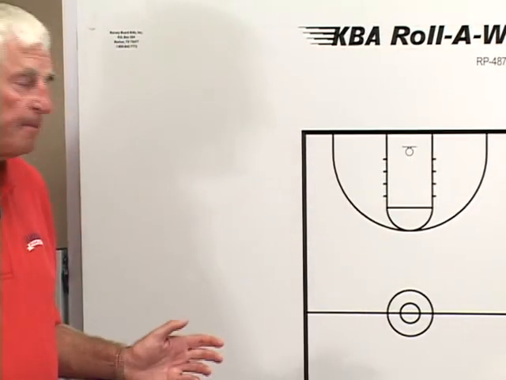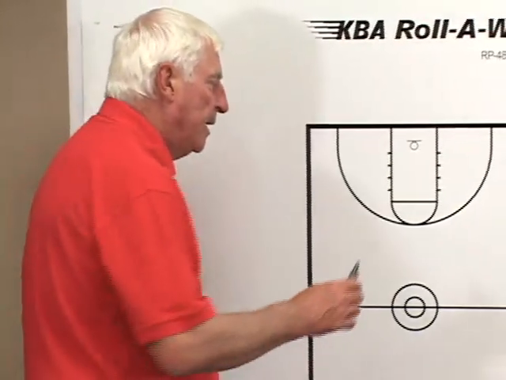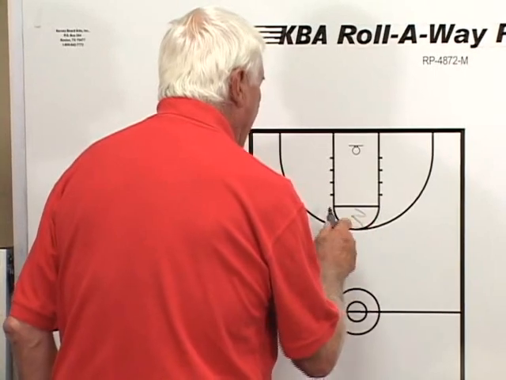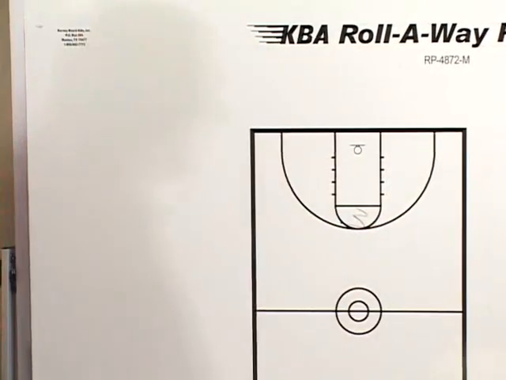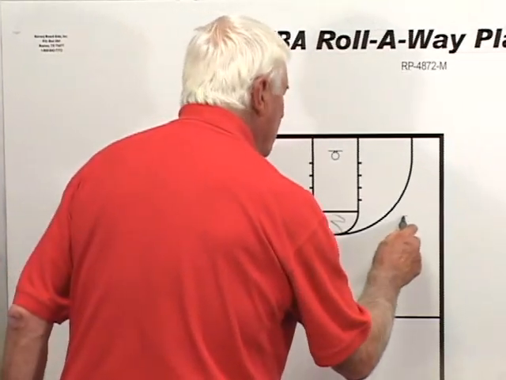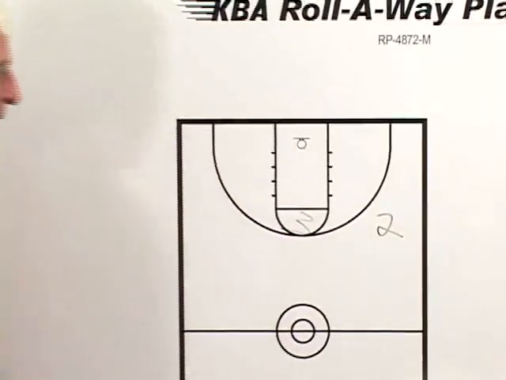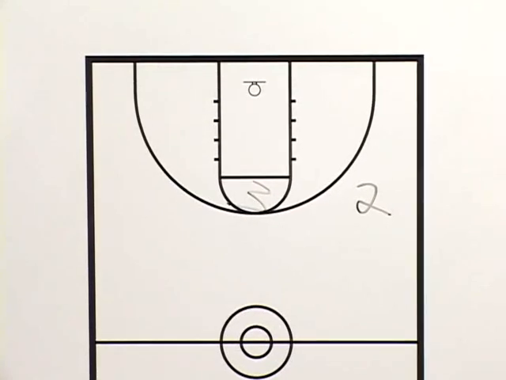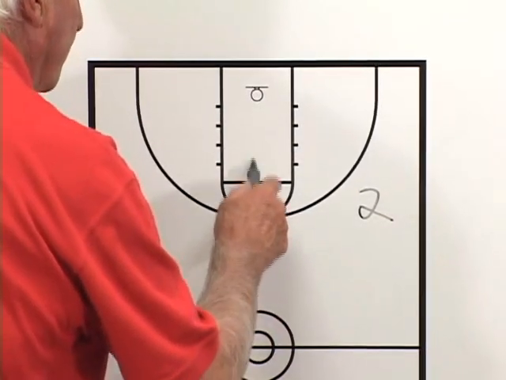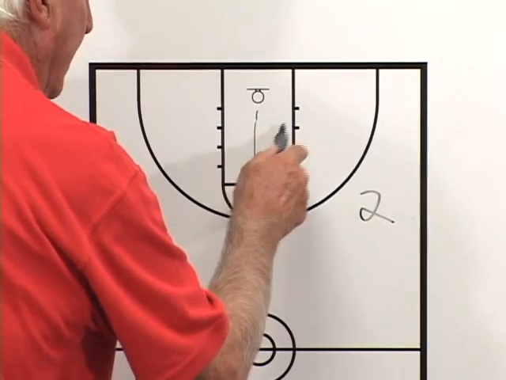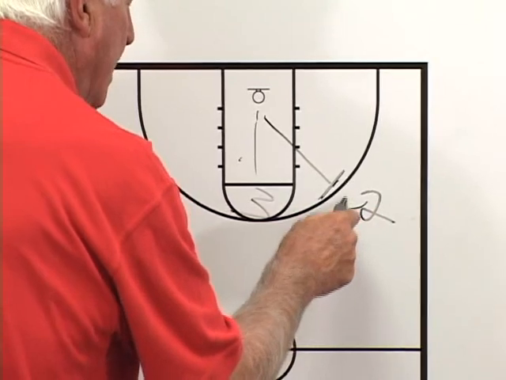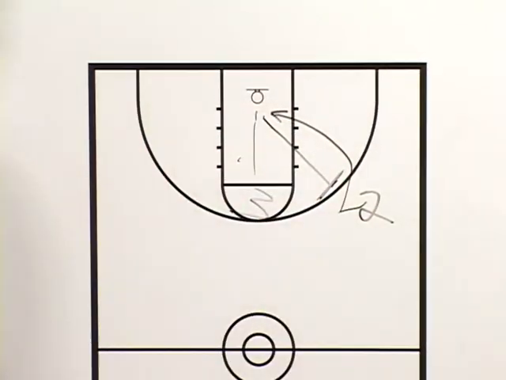Now, one of the things that we can do in this is, if number 3 on the inside is a perimeter player as well, and number 2 can also play inside, then that gives us an opportunity, as we're going through different things, that we can eventually step out from 3 and back screen 2 into the triangle.